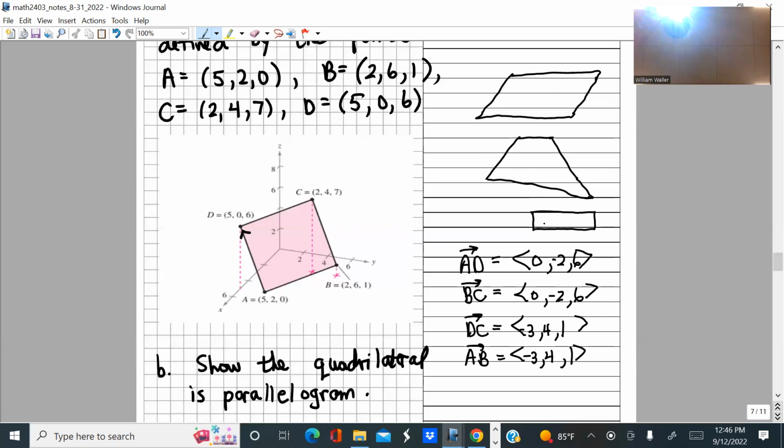Is that what you were going to check, to see if opposite sides had the same length? Yeah, okay. We could do that, and that would work. But I was thinking of another way. Can you think of another?